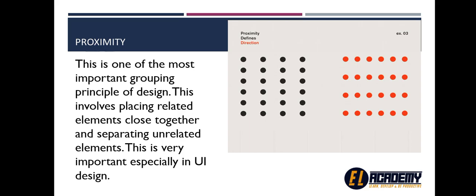Now, this is very important, especially for those who venture into UI, that is user interface design. I'm sure over time you must have come across some designs where you see these dots mostly used. These are mostly what describe proximity. You see that in some designs, these shapes make your design good.